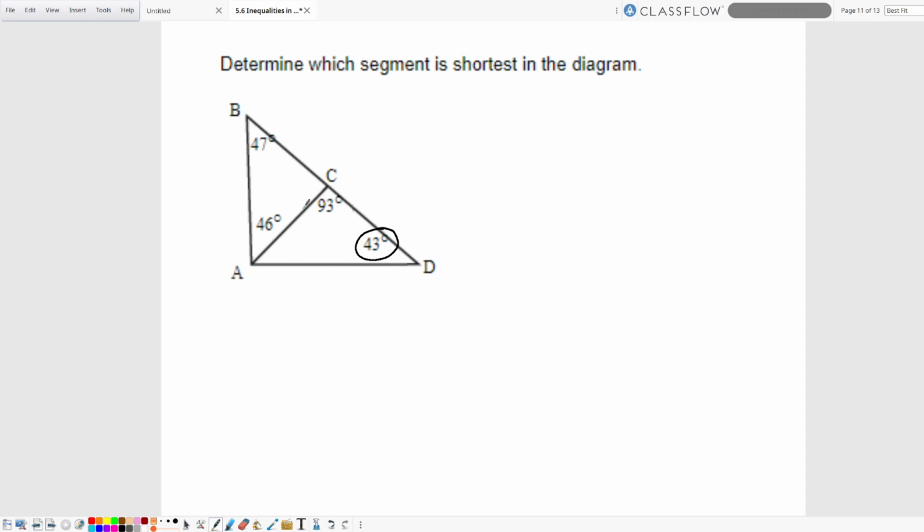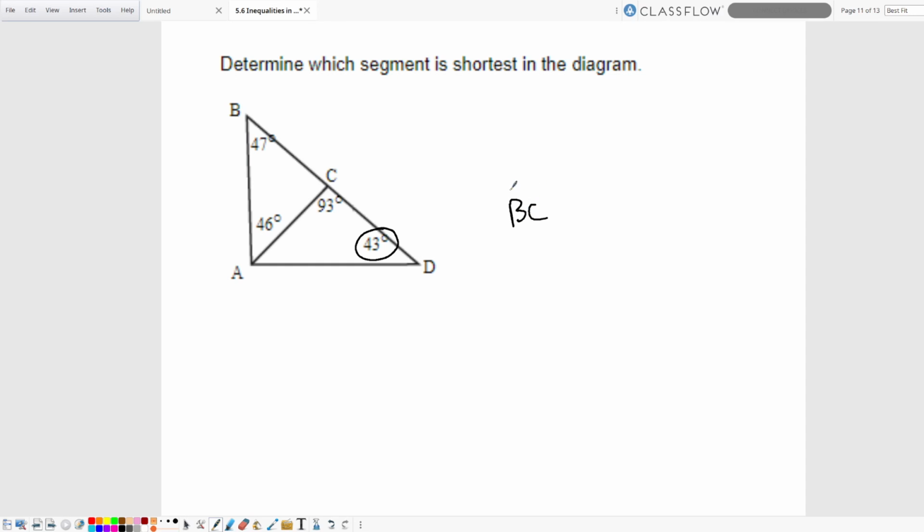In triangle ACD, this would be the shortest side. But because this side is shared, and this triangle says that's not right, we have to look and say, well, this one says 46 degrees. Well, 46 degrees would tell me that BC is actually the shortest side.